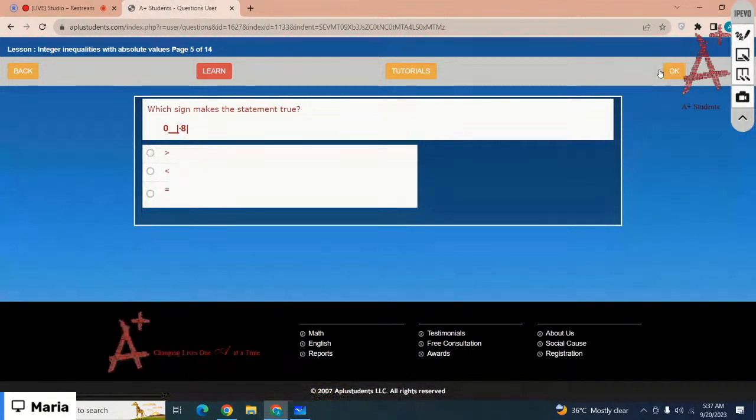Okay, which sign makes the statement true? 0 and absolute value of negative 8. Absolute value of negative 8 is positive 8. So obviously then 0 is less than 8, right? That would be less.